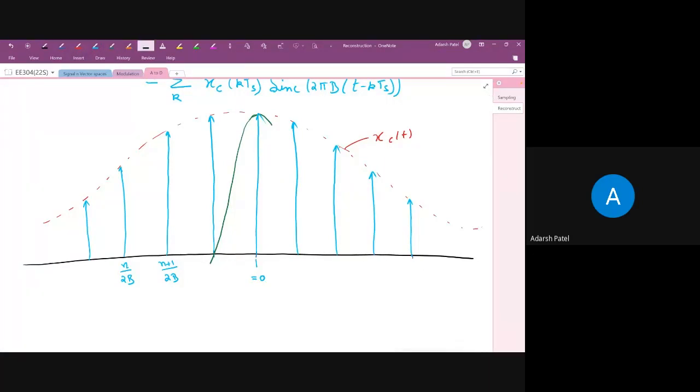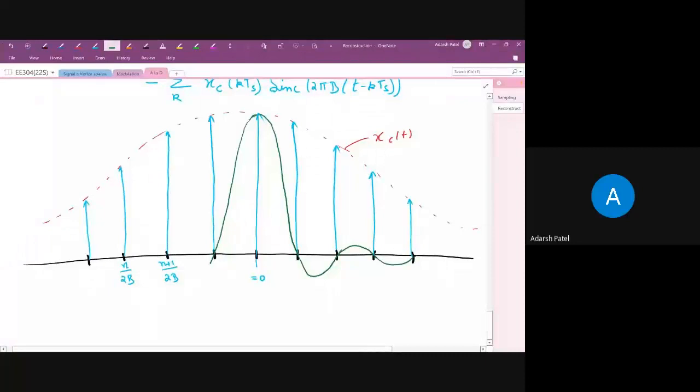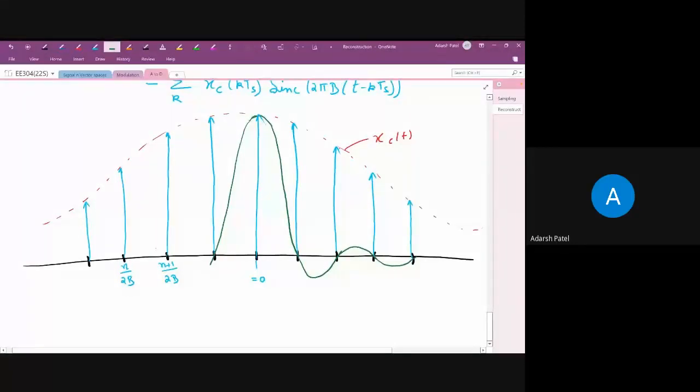Let me just highlight these points. It will have a crossover at integral multiples of these, like this. All of them like this.